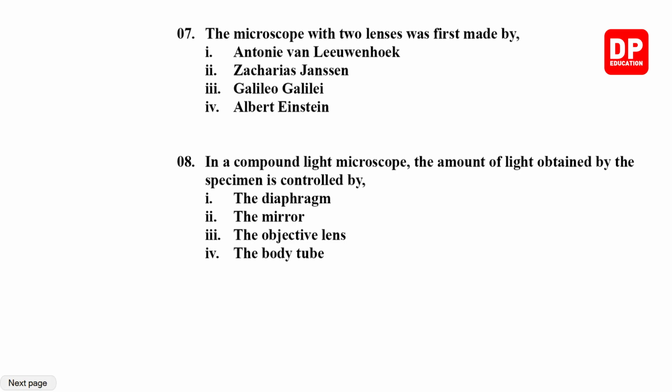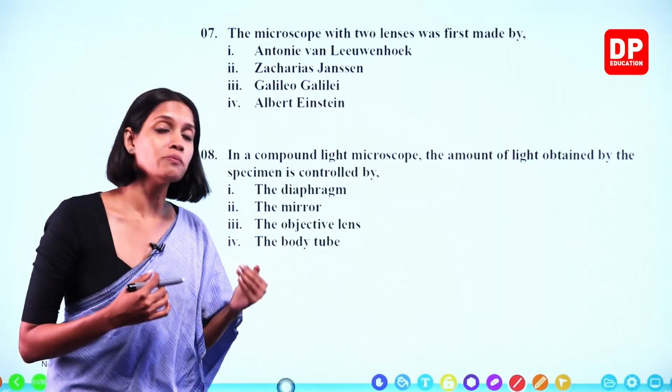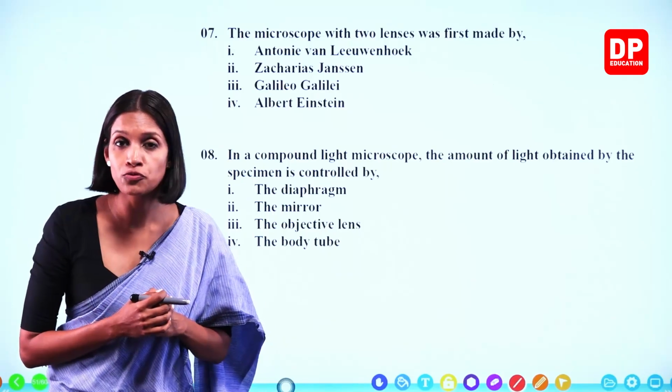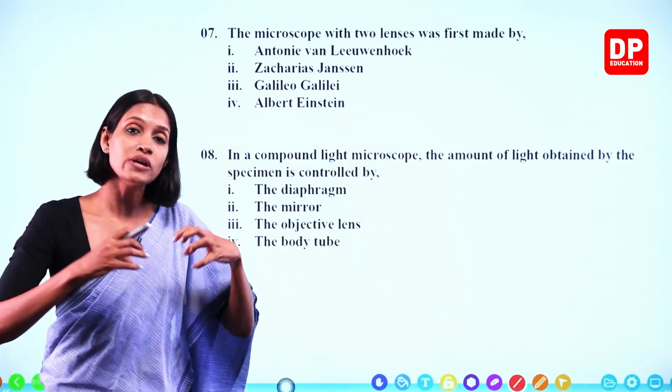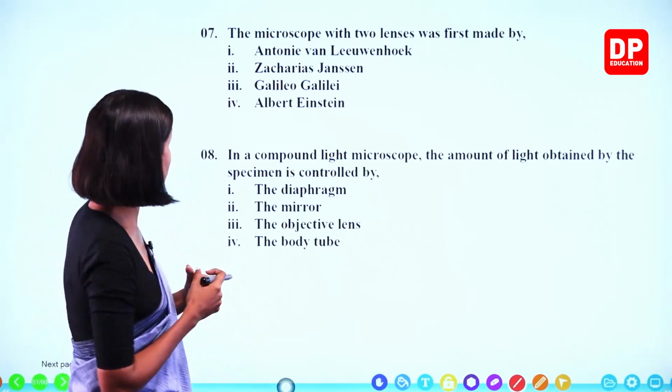The microscope with 2 lenses was first made by which person, children? Zacharias Janssen, right? Even though the microscope made by him was not that powerful, the microscope with 2 lenses, which means the compound microscope, was first invented by Zacharias Janssen.